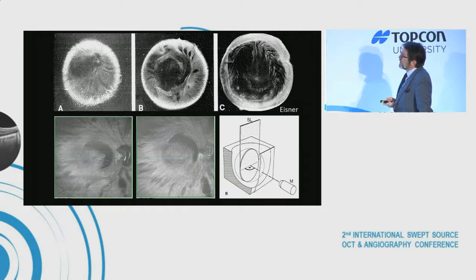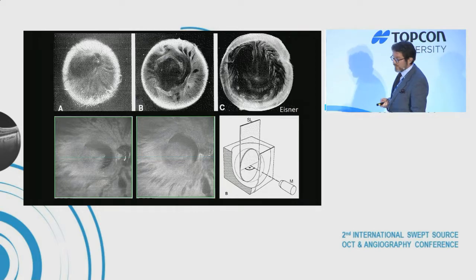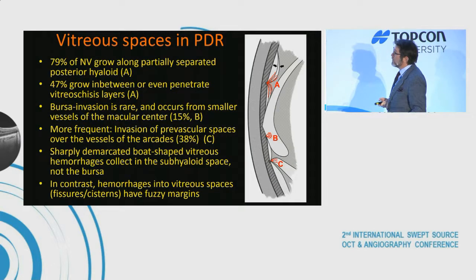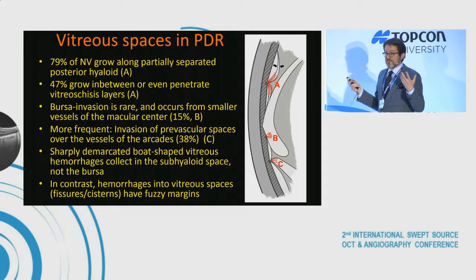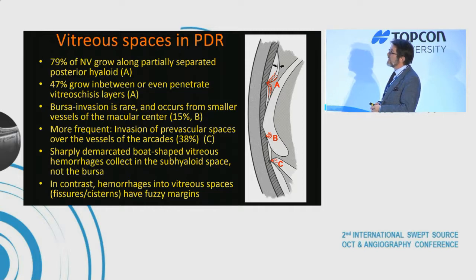And now finally we're at a point where we can reproduce similar images in vivo at arguably much higher resolution and without any artifacts. You may or may not agree with me that these are very cool images. They show us something very fundamental about the anatomy that we previously couldn't really study in vivo.